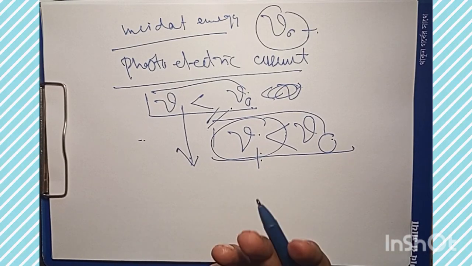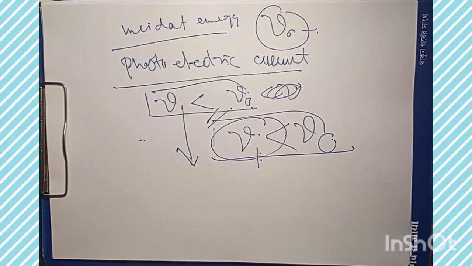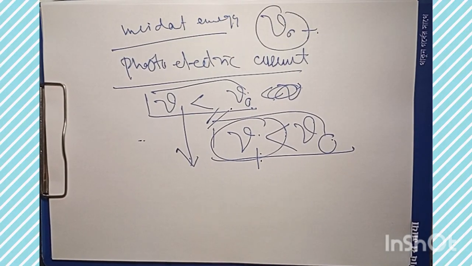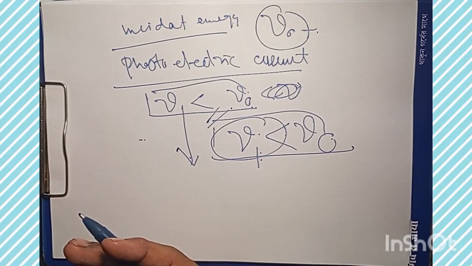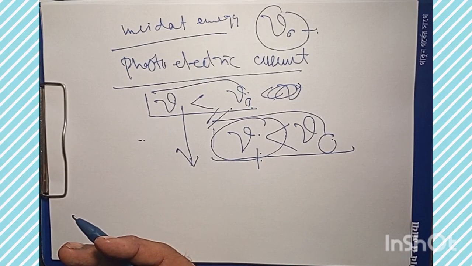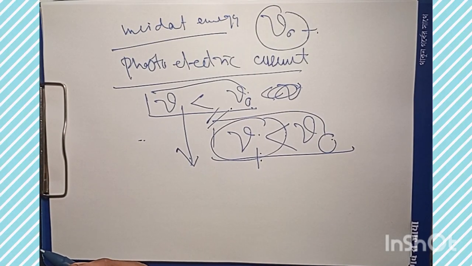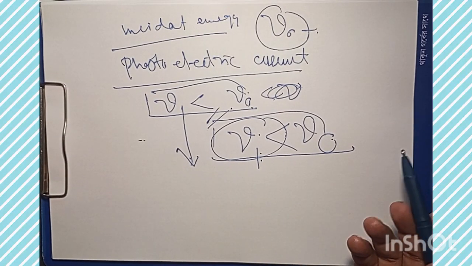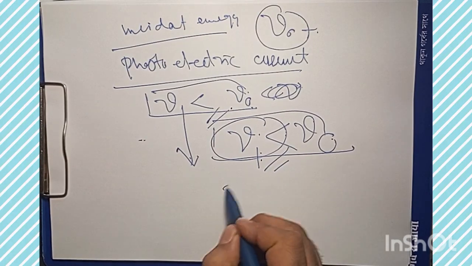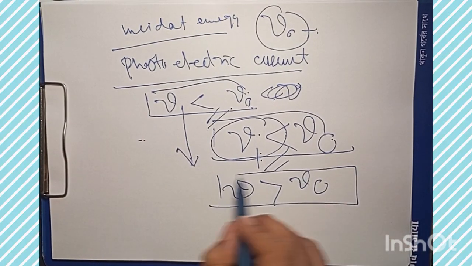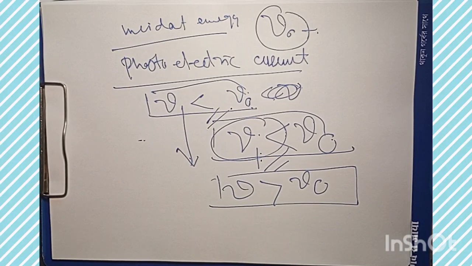Even if the intensity of the light is high, which from a classical electromagnetic theory point of view depends on intensity, on area of exposure, and on time, that doesn't work. There is no photoelectric effect for this condition. But if this condition is like this, then we have the photoelectric effect.